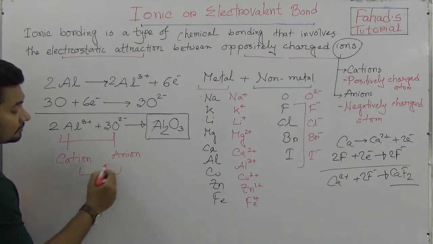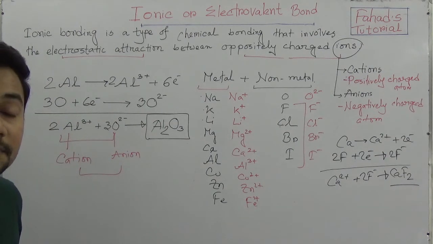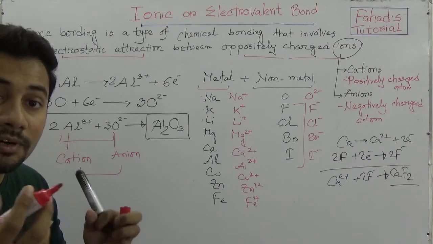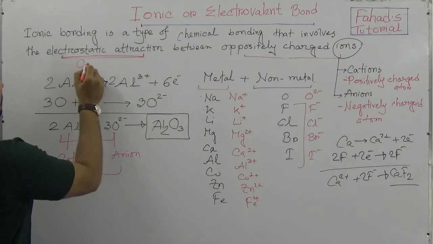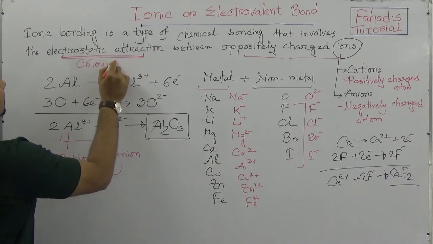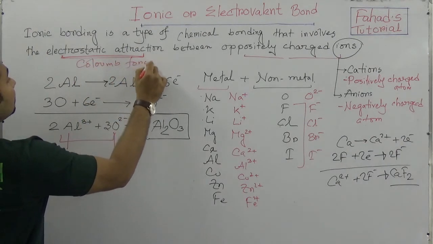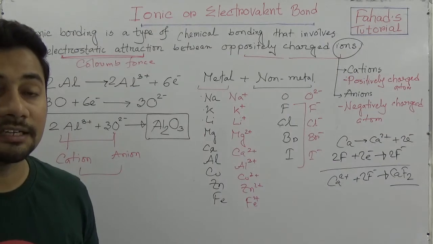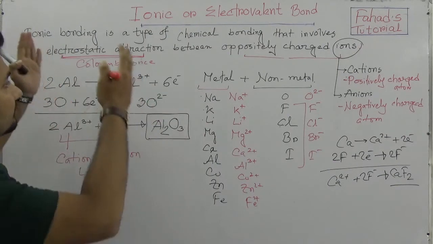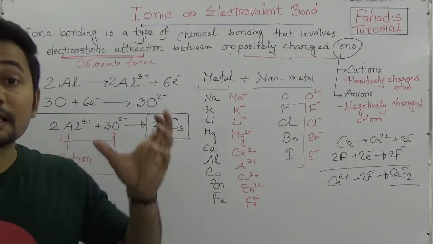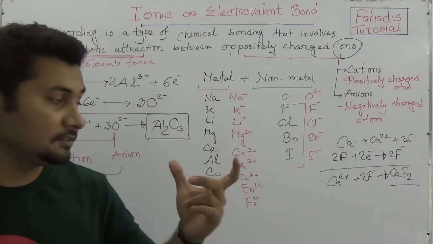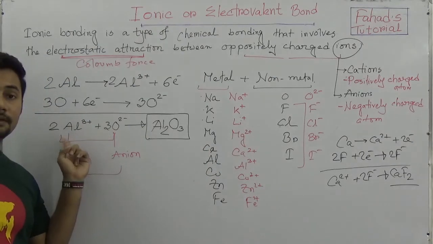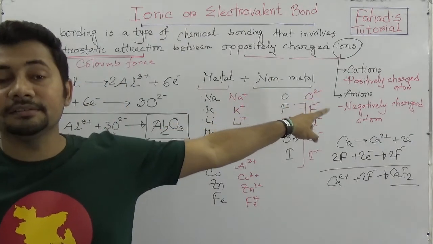And you know that between these cations and anions, the force working is electrostatic attraction or Coulomb force, or you can say electrostatic force. So this electrostatic force is working between oppositely charged ions like this, and these ions are cations and anions.